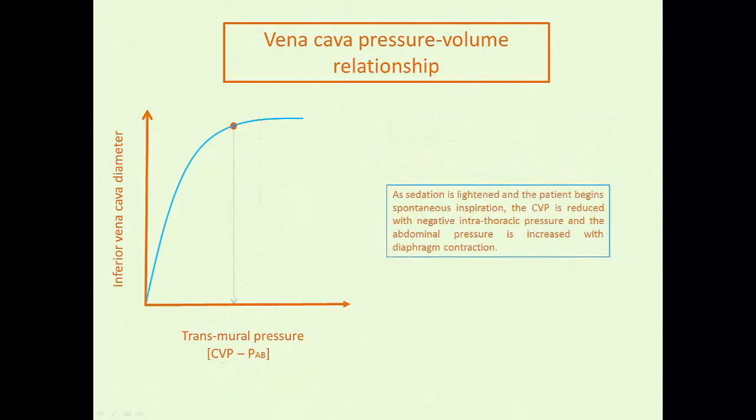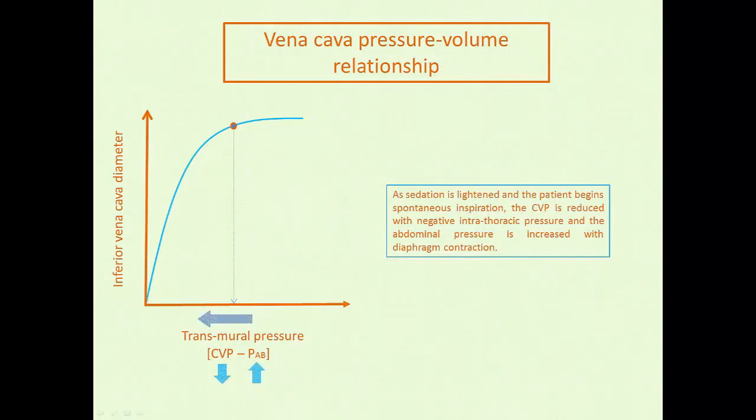Now his sedation is lightened and the patient begins spontaneous inspiration. So now we've changed the physiological context, and you can no longer apply the diagnostic parameters that were derived from the patient who was completely paralyzed and sedated with the ventilator to this patient who's generating inspiratory and expiratory efforts.